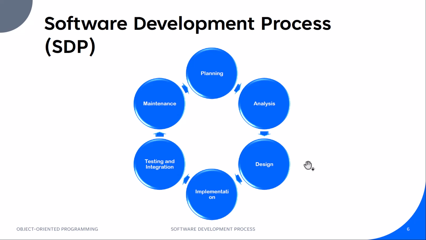Then we test the software product and integrate it into the platform that is going to be used, and we deliver it to the customer. During the maintenance phase, if the customer requires additional requirements, we implement those requirements and update our product. Based on these needs, we may have to do this process again to evolve our software product.